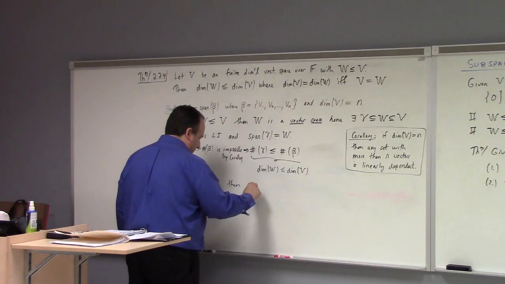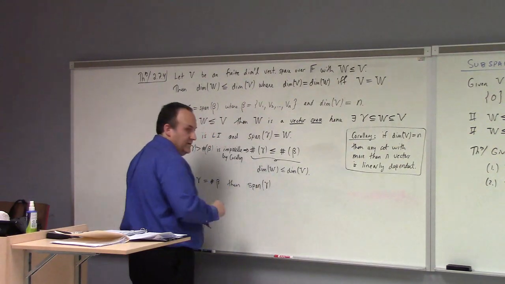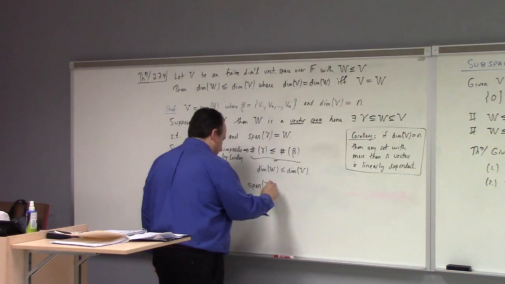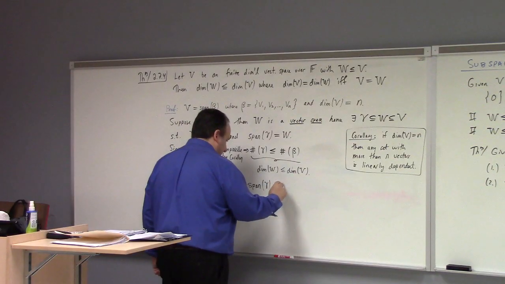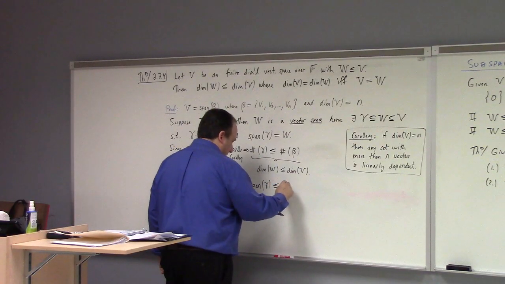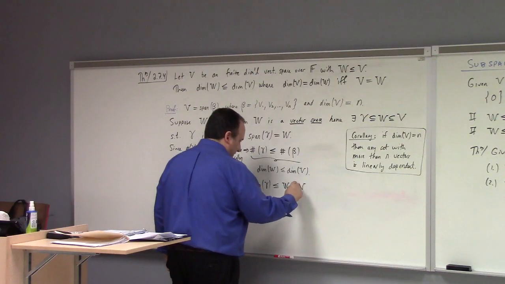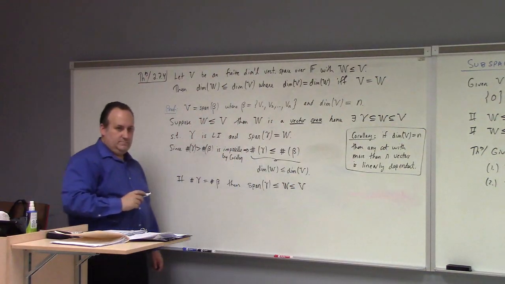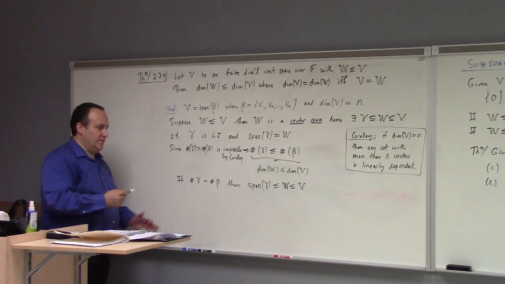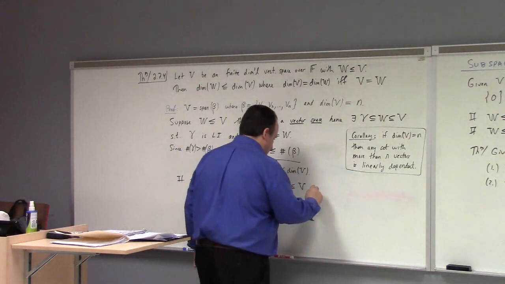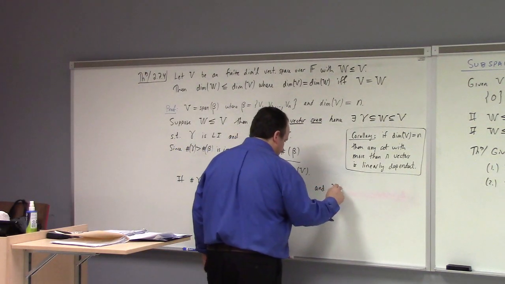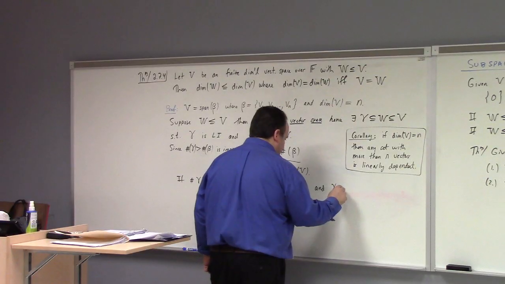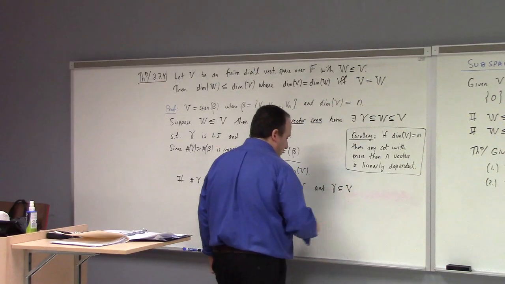then notice that the span of gamma is a subspace of W, right? Which is, by the way, a subspace of V. More to the point, gamma is a subset of V, right?